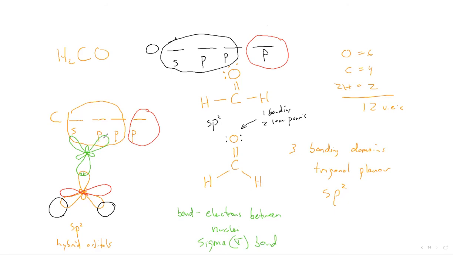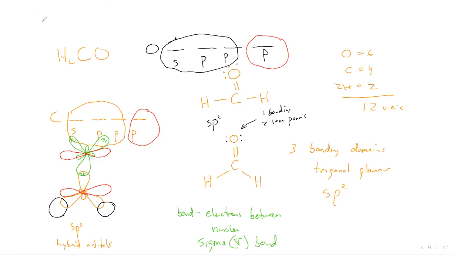Right, so these are the lone pairs on the oxygen. And then my leftover P on carbon is in red, and I'll put my leftover P on oxygen in red.